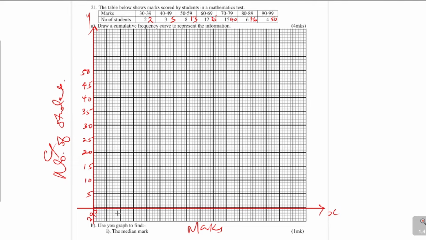So from 29.5, I have 39.5, 49.5, 59.5, 69.5, 79.5, 89.5, and the last one 99.5. It is fitting almost out, so it's okay the way it is.